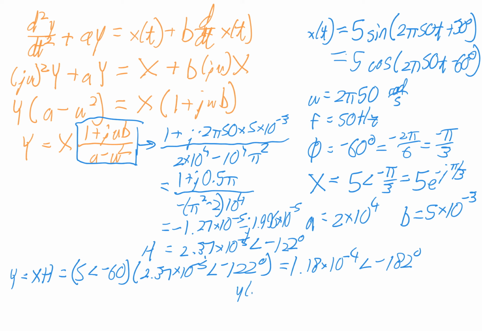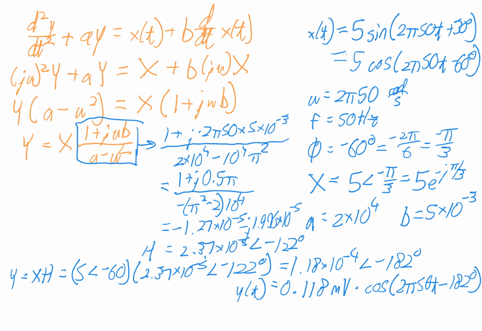So that tells us our output y of t is going to be, let's write it in millivolts, 0.118 millivolts. It's a very small quantity, times a cosine of, again, we keep the frequency, so 50 hertz, with a phase shift of minus 182 degrees.